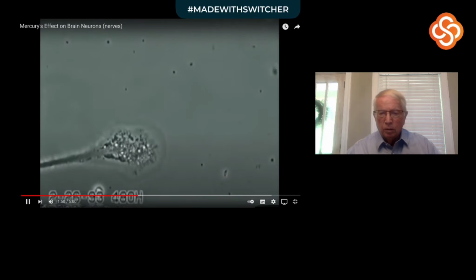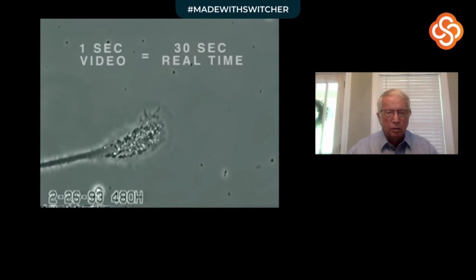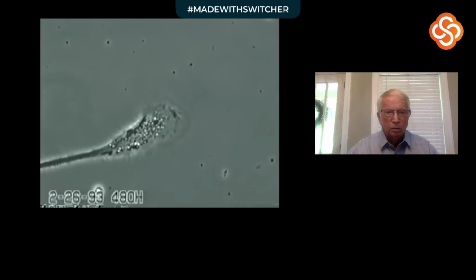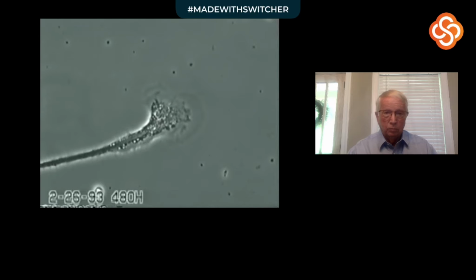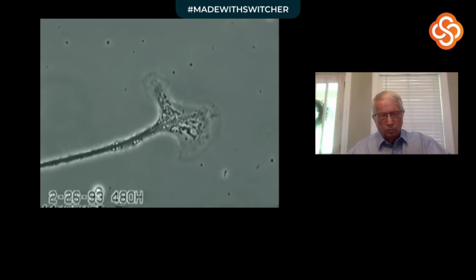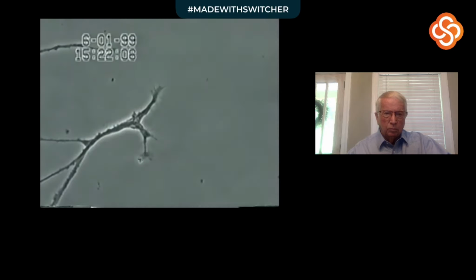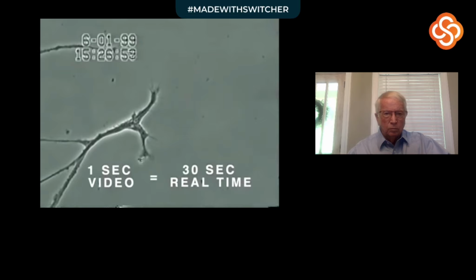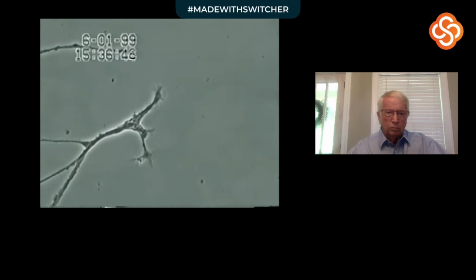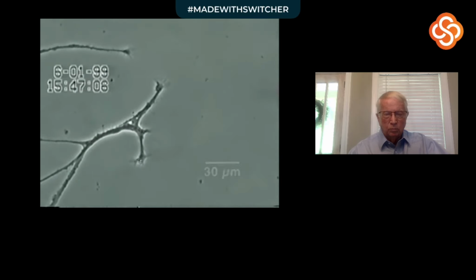Shown here is the neurite of a live neuron isolated from snail brain tissue, displaying linear growth due to growth cone activity. It is important to note that growth cones in all animal species, ranging from snails to humans, have identical structural and behavioral characteristics and use proteins of virtually identical composition. In this experiment, neurons also isolated from snail brain tissue were grown in culture for several days, after which very low concentrations of mercury were added to the culture medium for 20 minutes.